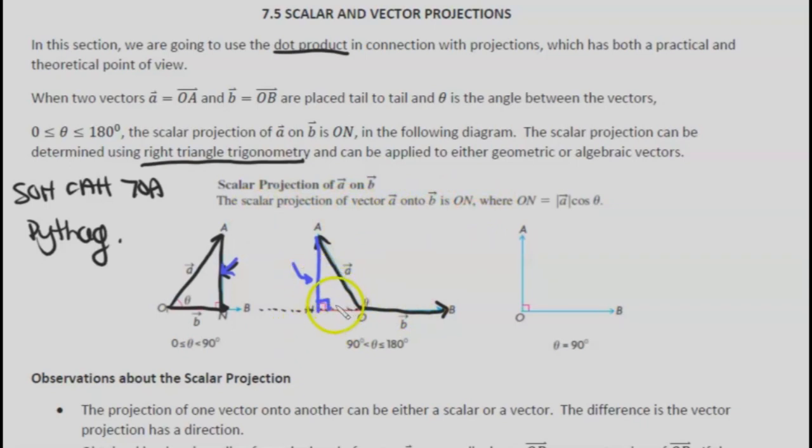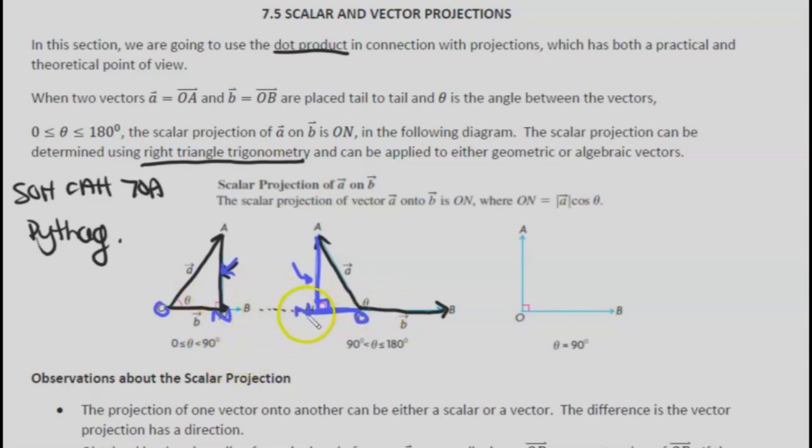I almost think of it like a shadow. We would draw this line perpendicular from the tip of A down onto B, or an extension of B, and that ON is the projection.